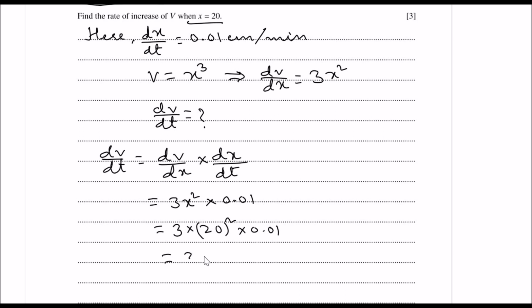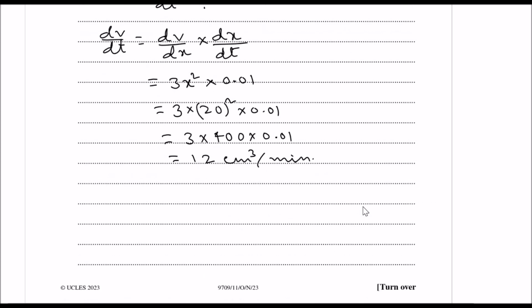Now if we multiply out, we get 3 times 400 into 0.01, and that gives us 12. So 12 centimeter cube per minute. Okay, this is your answer.